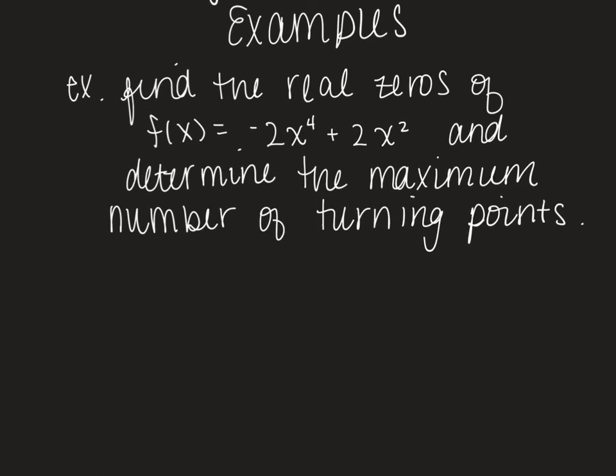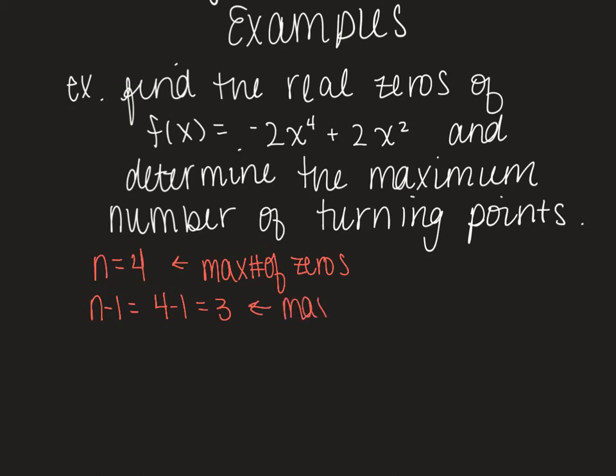Our n for this problem is 4, which tells us our max number of zeros. If I do n minus 1, which is 4 minus 1, which is 3, that's going to be our max number of turning points.